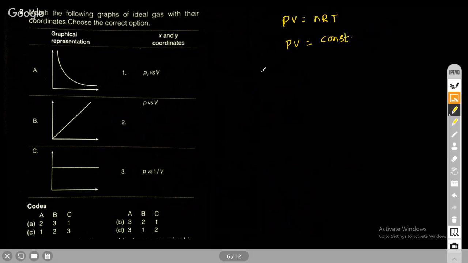So when you draw the graph of PV versus V, this won't change with volume at constant temperature. So obviously this will be a straight line because PV is equals to constant. Even if you write down pressure also here, the graph will be same. Volume or pressure.